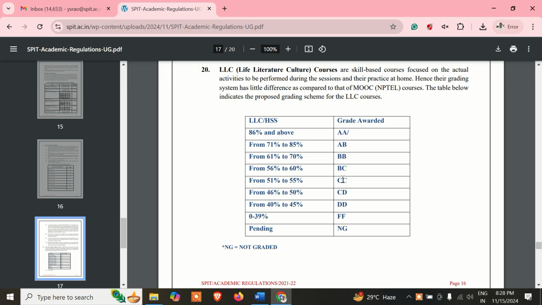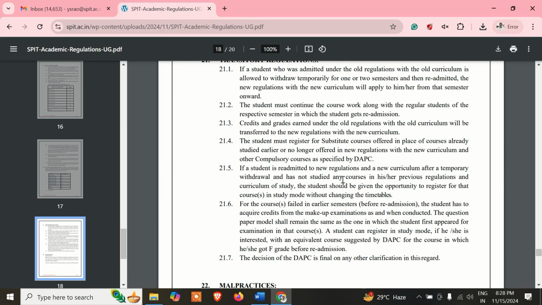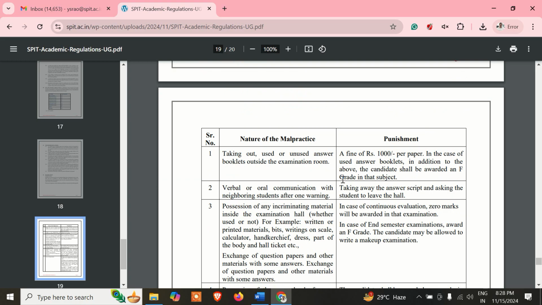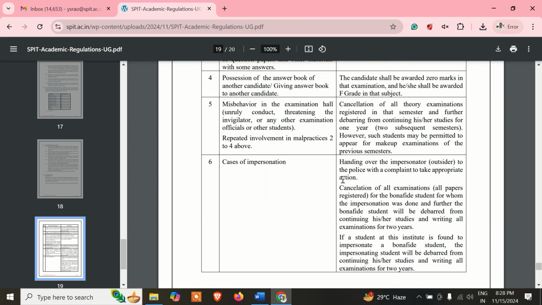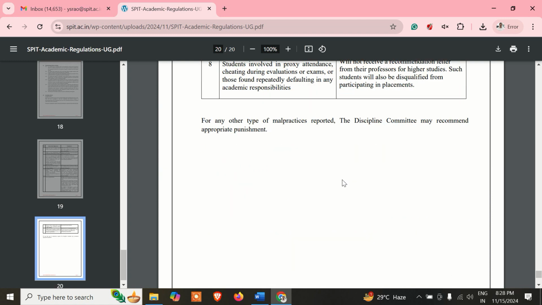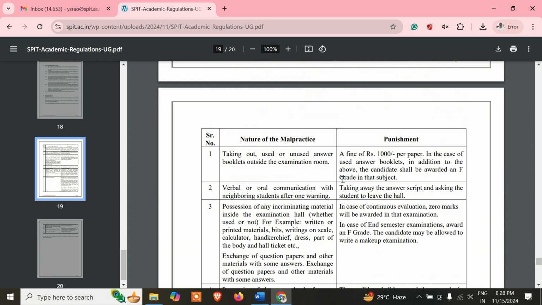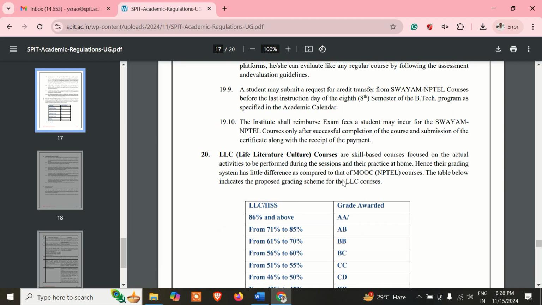However, they are credit courses. During the examination, what are the disciplinary rules, and what are the actions if we violate them? All these rules are mentioned in the academic rules and regulations.